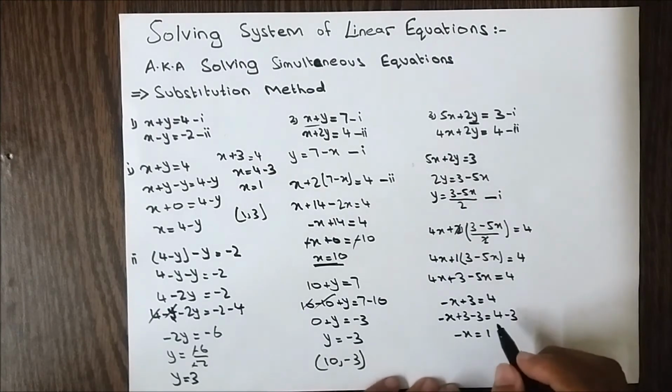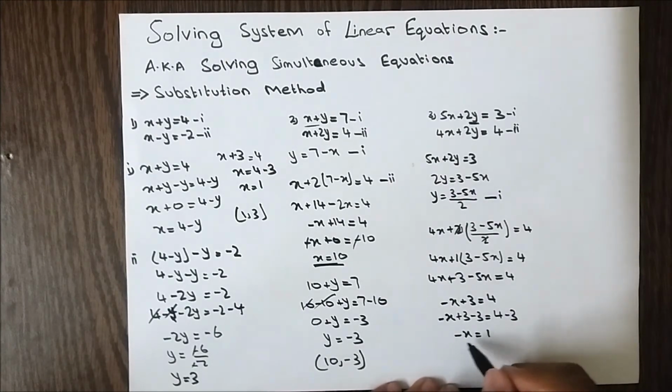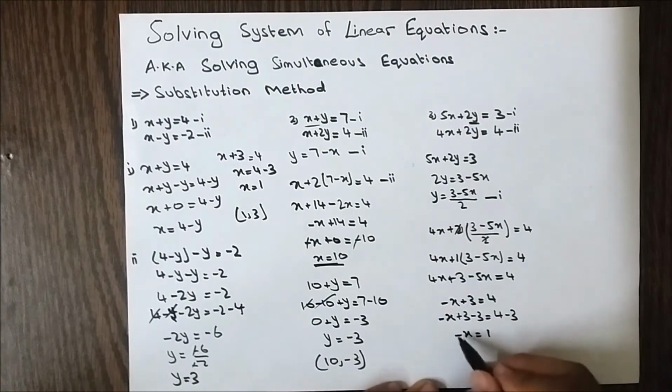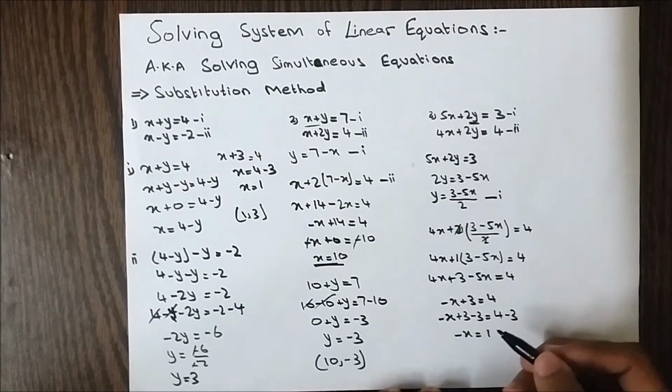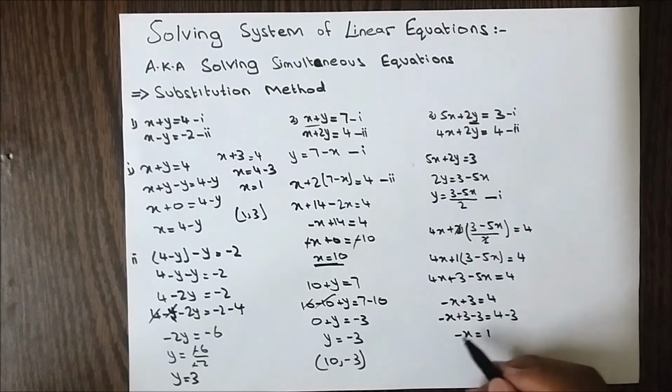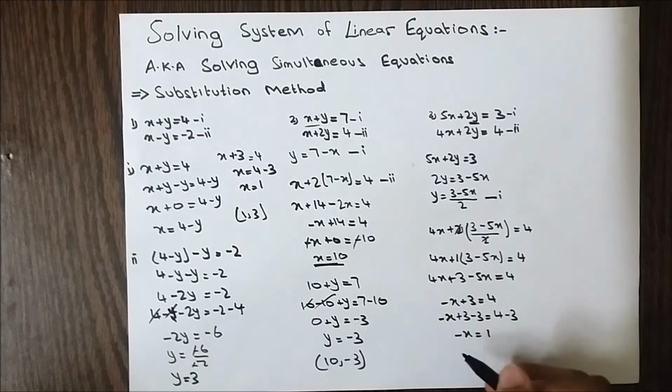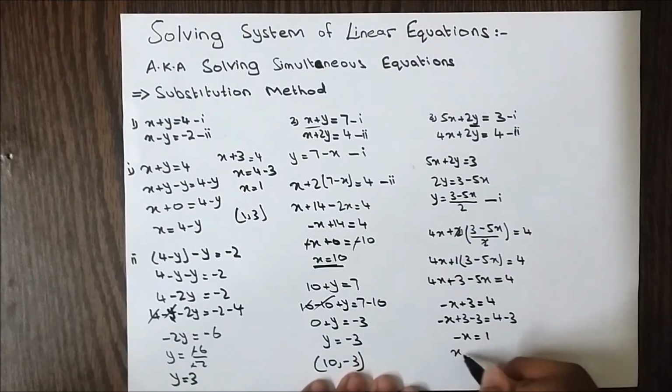We divide by minus 1 on both sides, or we multiply with minus 1 on both sides to get rid of this minus sign. In short, when you have a minus sign with the variable in any question, you can just get rid of it by multiplying with minus 1 on that side, because when we multiply with minus 1 over here, it becomes positive, so we get x equals minus 1.